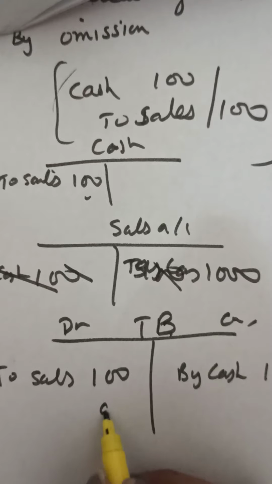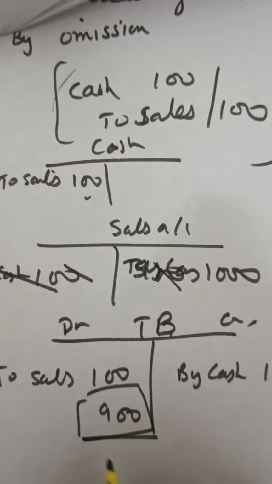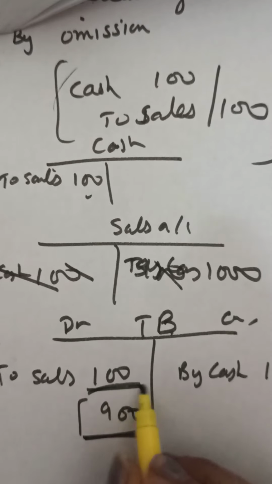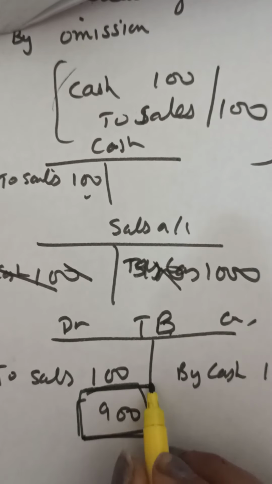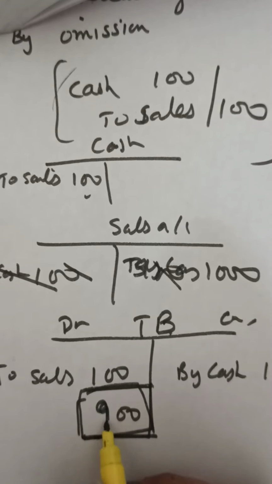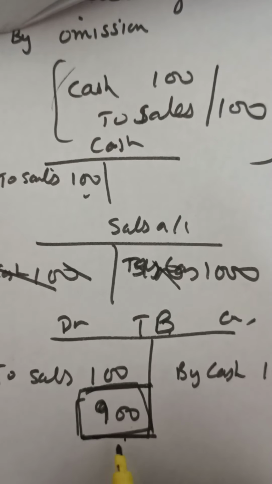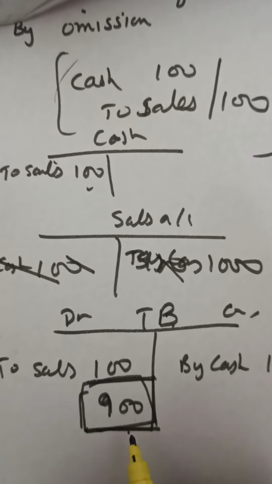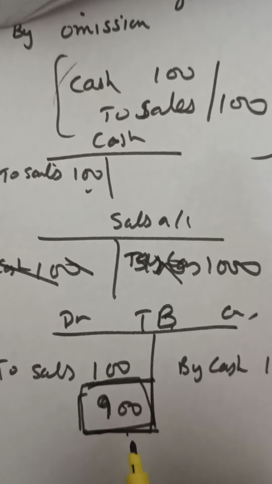So the debit side will be short of the credit side by rupees 900. The error is not allowing the trial balance to meet. This type of error is called a one-sided error. Now this error has to be removed. I have to pass a rectifying entry for this.